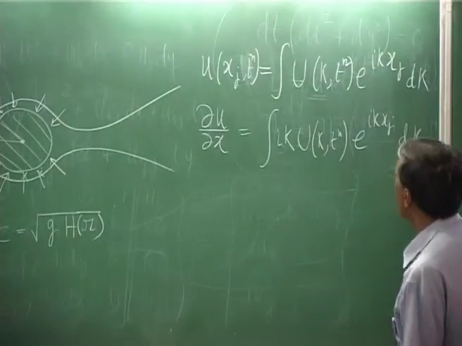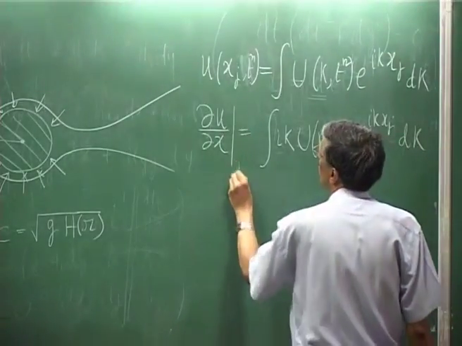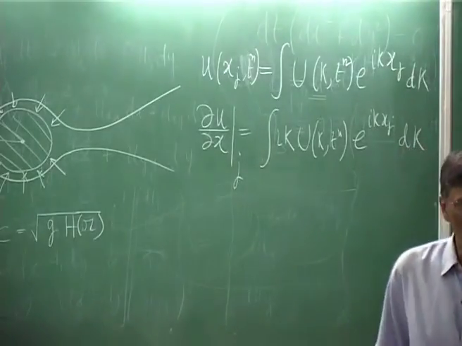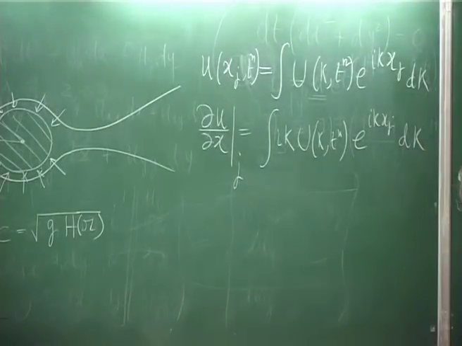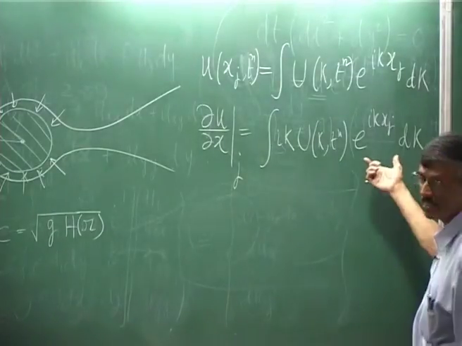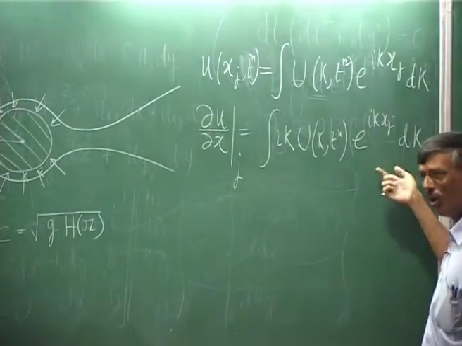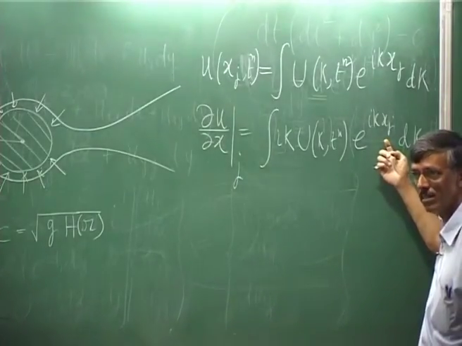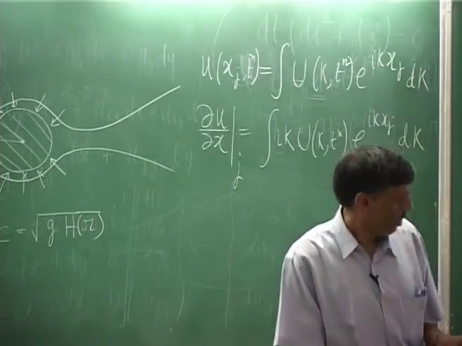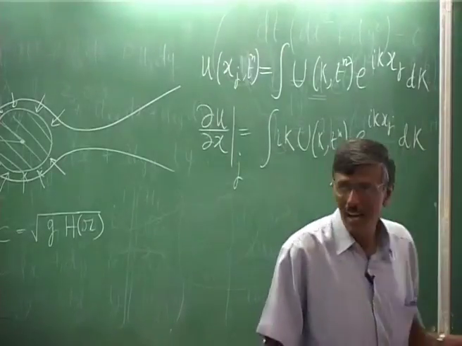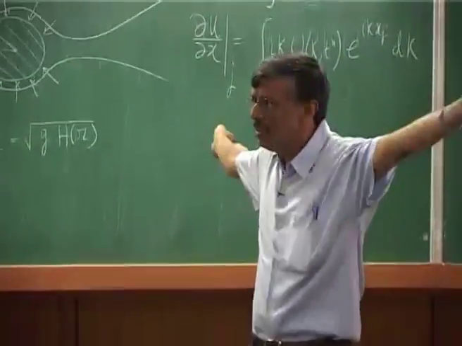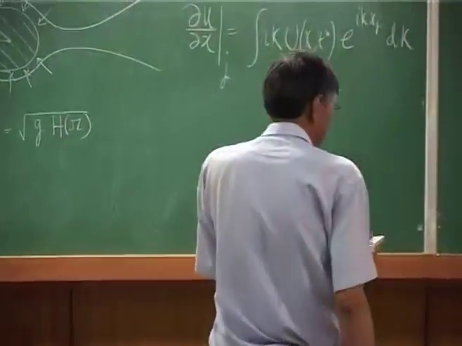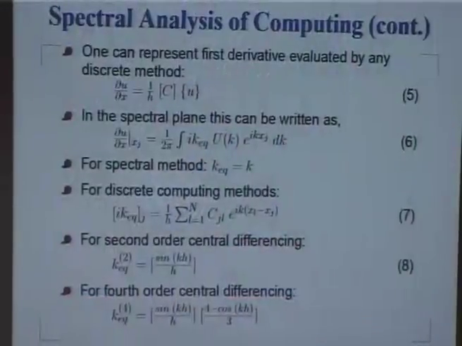So you see, if you want to find the derivative at the jth point, where do you get your information on the right hand side? Only from the jth point itself, is it not? However, look at this expression. I am actually taking information from all the array. That is what it means, right.